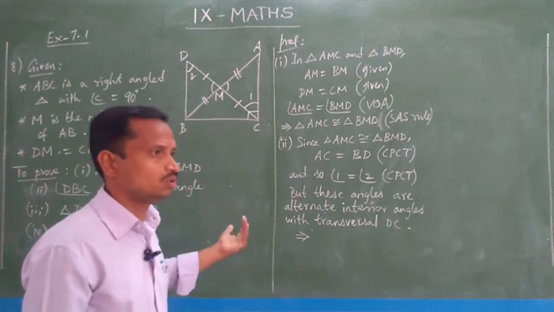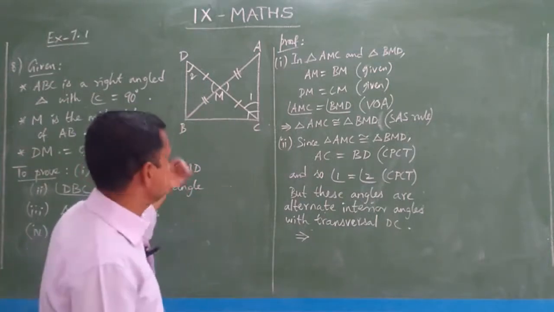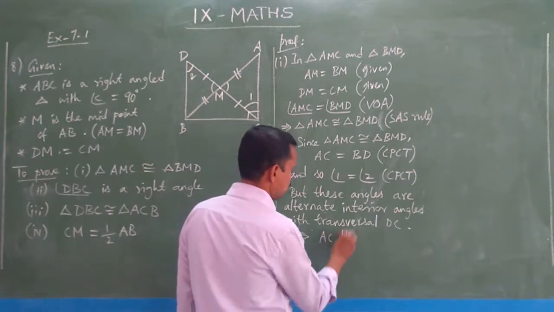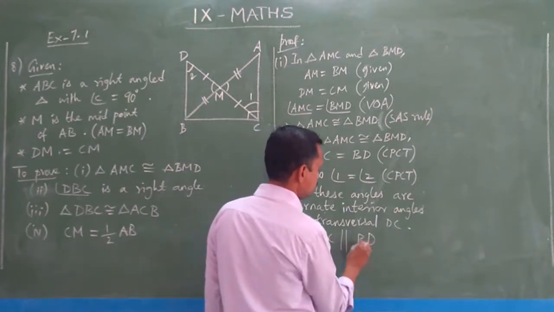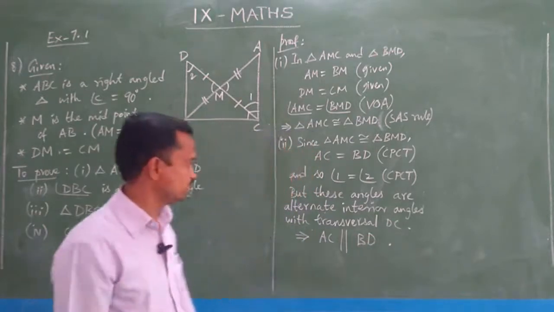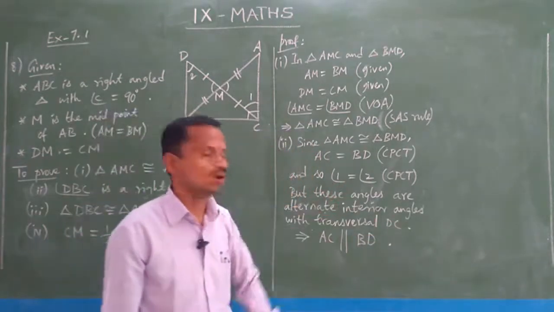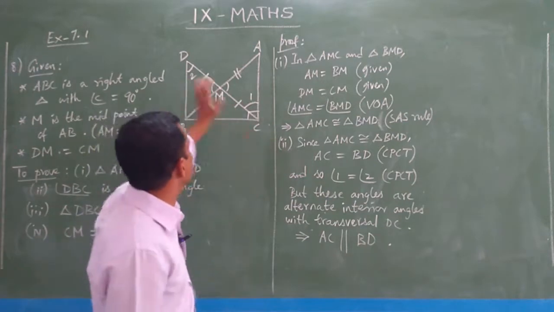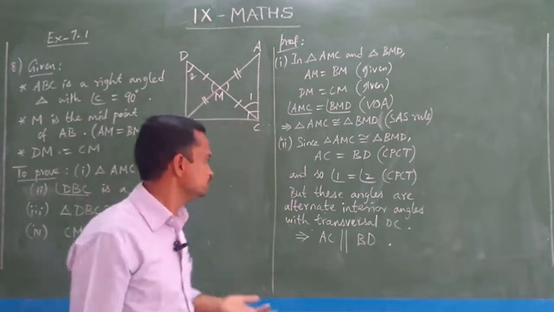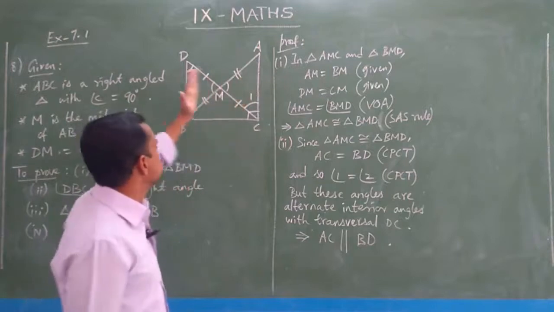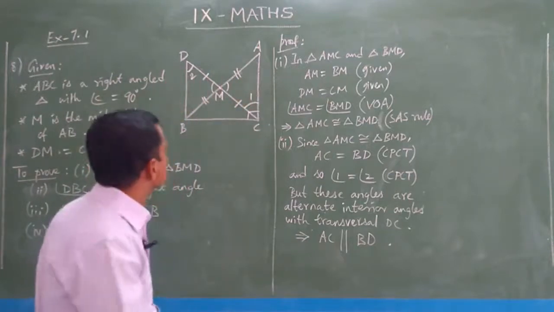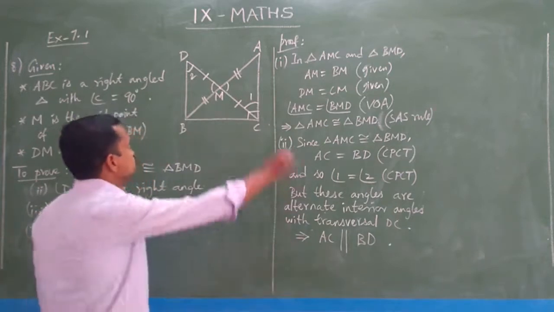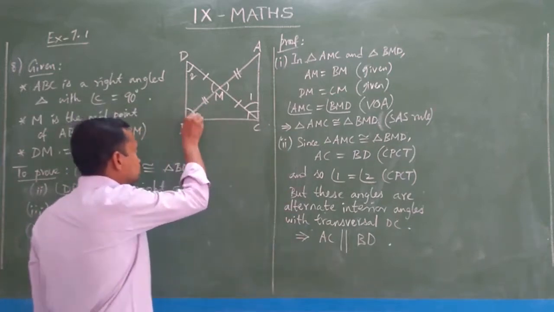Already we have told equal, but now I am trying to say they are parallel: AC is parallel to BD. By the lines and angles concept, if these two angles are equal and they are the alternate interior pair of angles with the transversal DC, then we can say AC and BD are parallel.